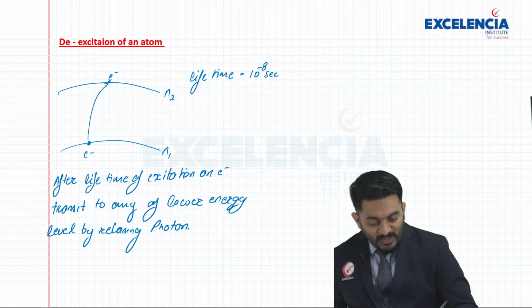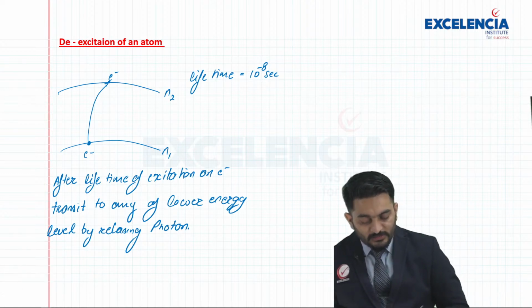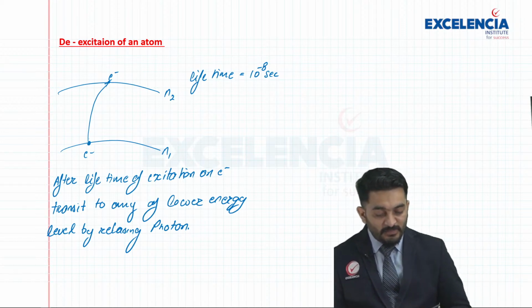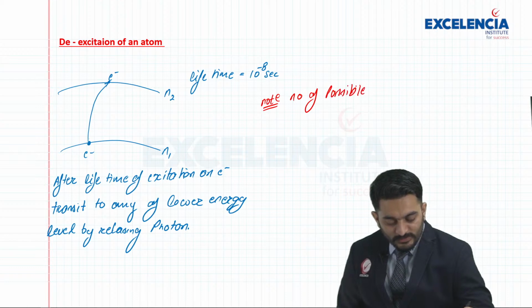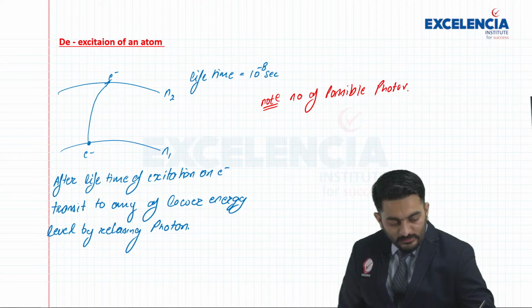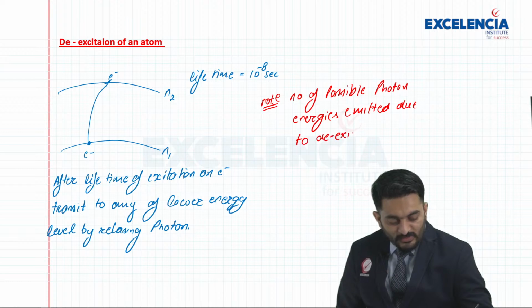You people have to remember one more important point over here: the number of possible photon energies emitted due to de-excitation. I will write it over here, but you people better make a note of it. Remember the word de-excitation, which I have just explained, from the n orbit.